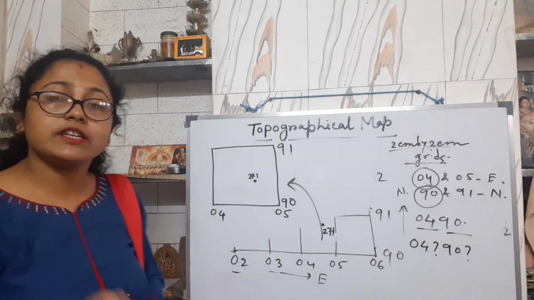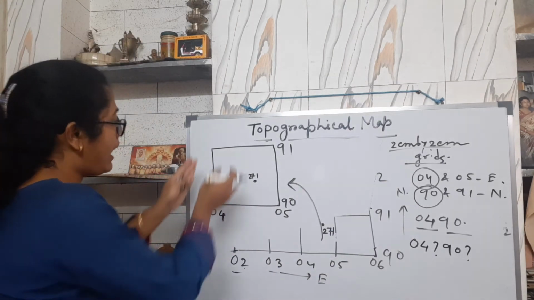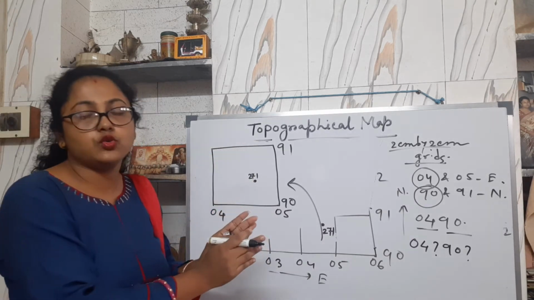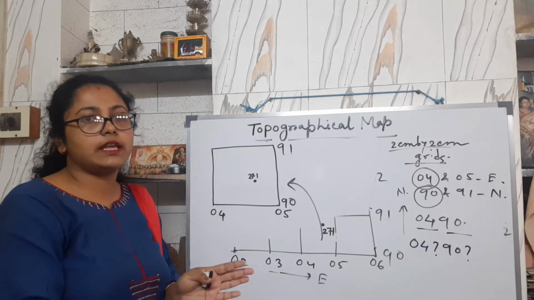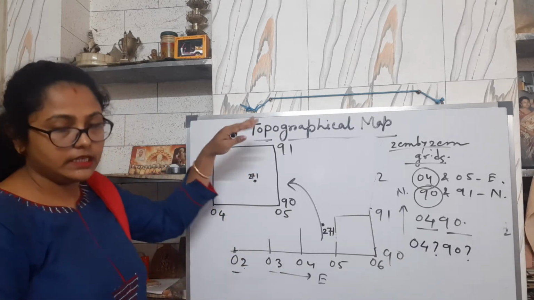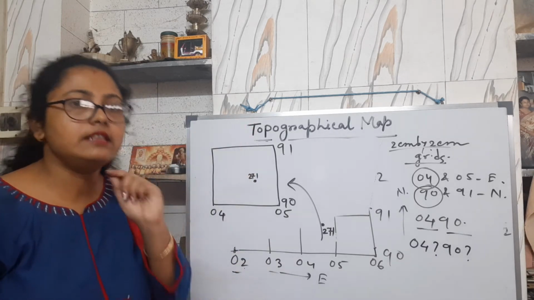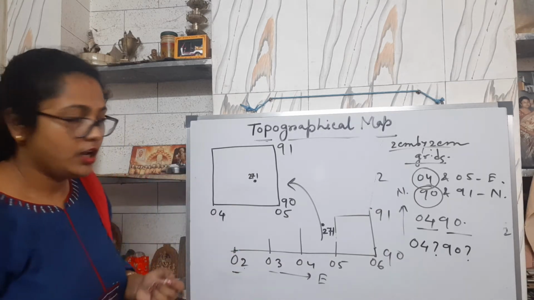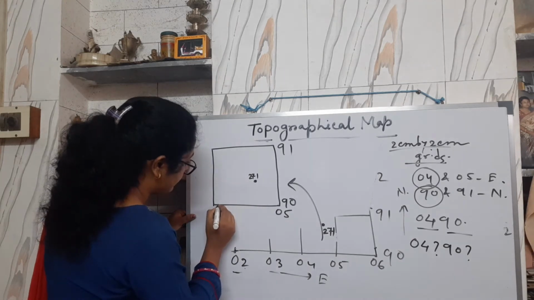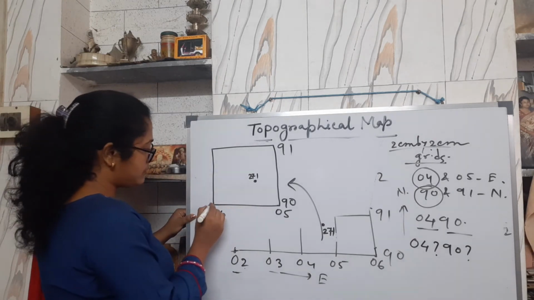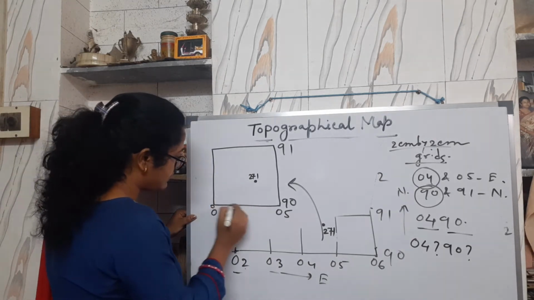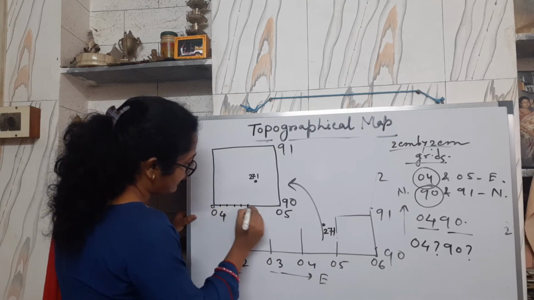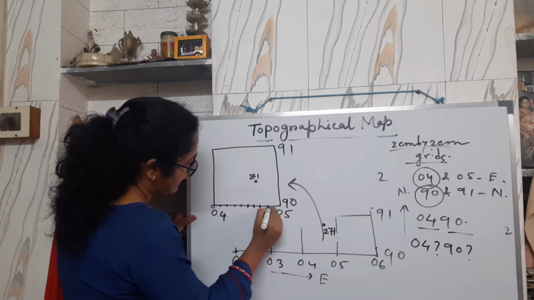To get this, you have to divide this grid into 10 divisions horizontally and 10 divisions vertically. 10 divisions means 9 lines you have to draw, through eye estimation. Suppose this one is 0, then 1, 2, 3, 4, 5, 6, 7, 8, 9.